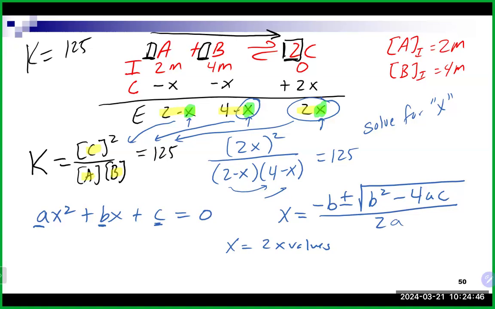If it wasn't heading to the products, or if, like the question was just asked, you were only given products, that would mean this reaction would actually head in which direction? It would head this way, right? So if we calculated Q and it said you need more reactants, or if you were just given products, the only way this one could go is to the left in this case, right?